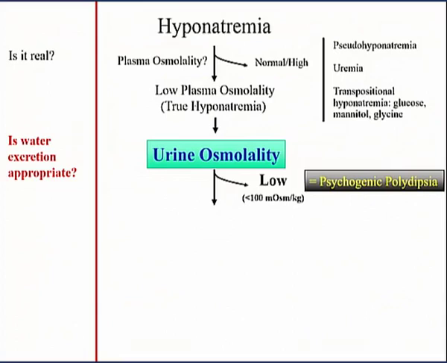And what these patients have is simply a different set point. They live at a lower osmolality, typically pretty mild hyponatremia in the 130 range. And the way you diagnose that is that when they get to that point, if you give them more water, they are able to dump the water without problems, but they live at a lower osmolality.